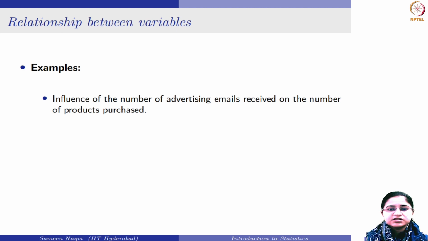In that case, the study might help the company see what is the optimal number of emails they should send such that the customer does not get offended or overwhelmed. Okay, so such a study might be helpful to the company. In this case, the number of advertising emails is your independent variable, whereas the number of products will be your dependent variable. And in both cases, the nature of these variables is discrete, because here we are focusing on discrete numbers.